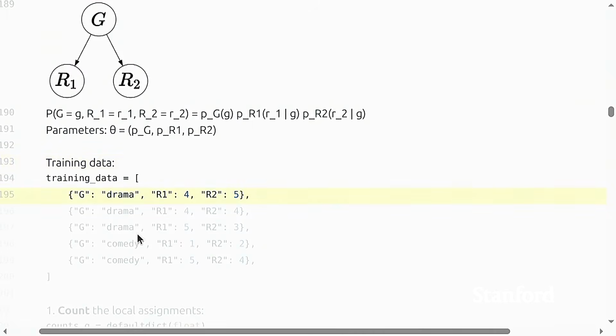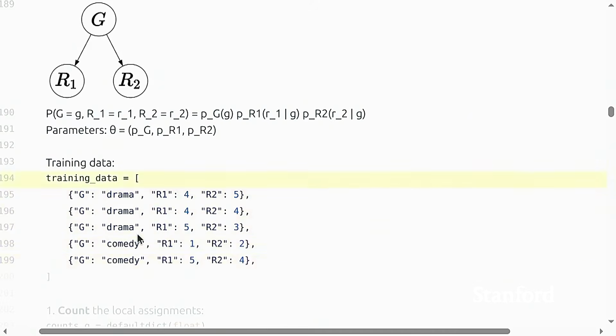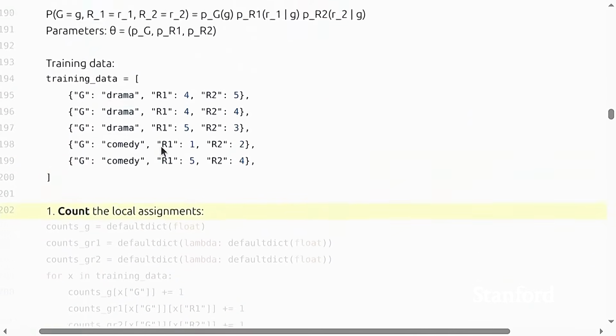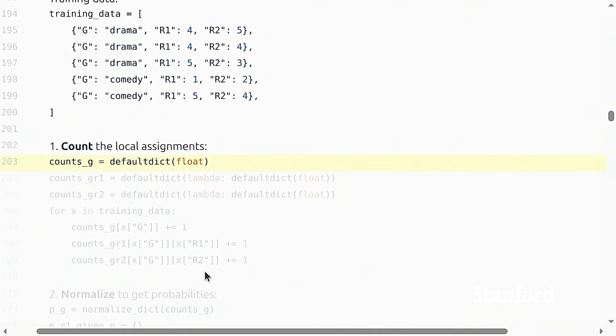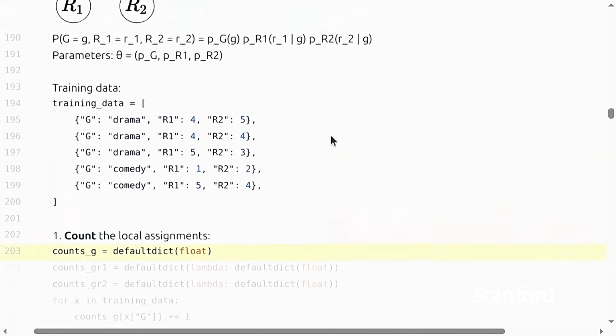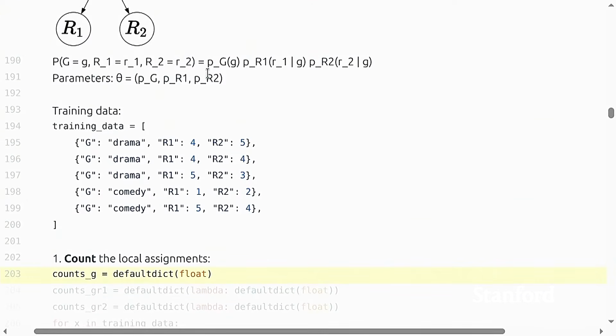Okay, so the training data, hopefully this should be fairly straightforward by now. For example, this last one says I have a comedy and user 1 rated it 5, user 2 rated it 4. So now it's count and normalize again. And remember, for every local conditional distribution, I need to count the number of these local configurations I've seen.